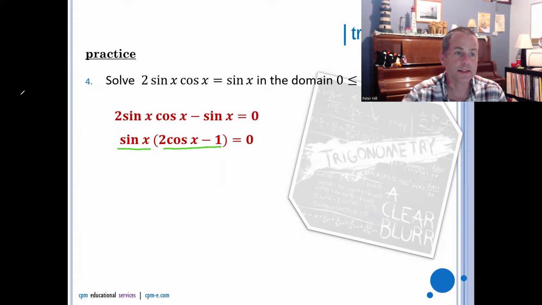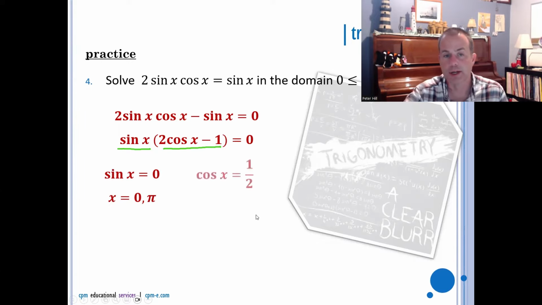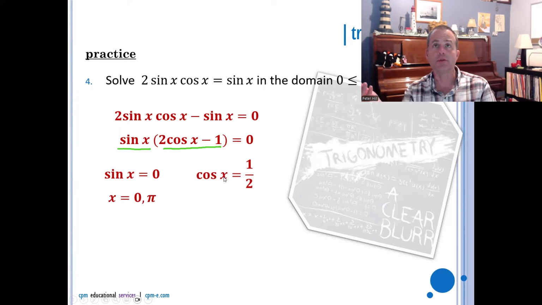If sin x is 0, I'm going to figure out where that happens. Sin x is 0 at 0 and π. Then cos x = 1/2, if we take that all the way, since I just added 1 and divided by 2. Where's cos x equal to 1/2?